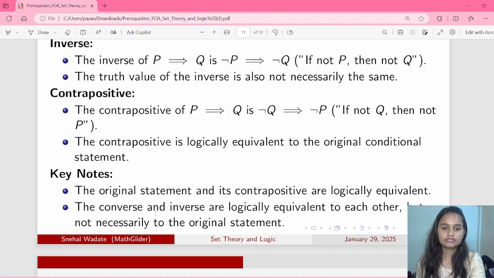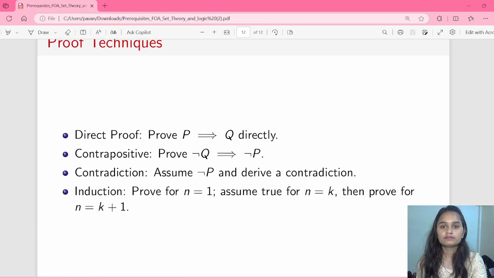The original statement and its contrapositive are logically equivalent. That means they have the same truth table, and the converse and inverse are logically equivalent, but they need not be equivalent to the original statement.